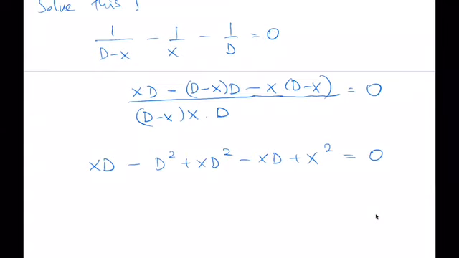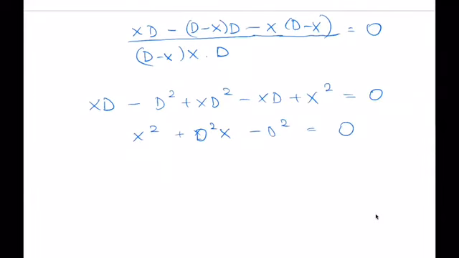Anyway, you can see x square plus xd square x minus d square equal to 0. Correct? Because you cancel these two terms, this xd and xd. Now, you can leave it like that.